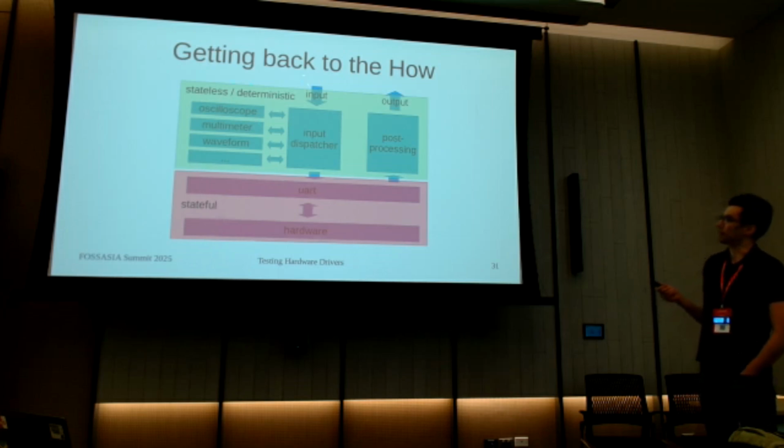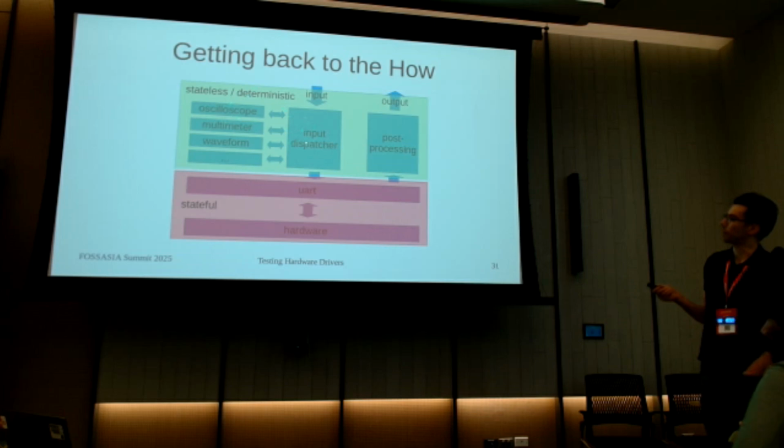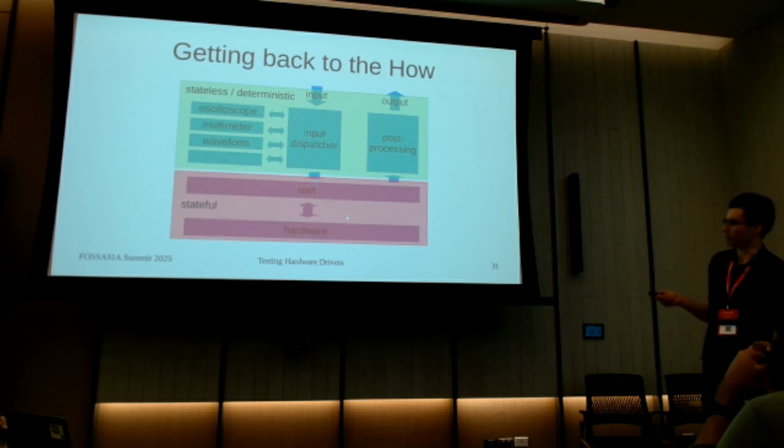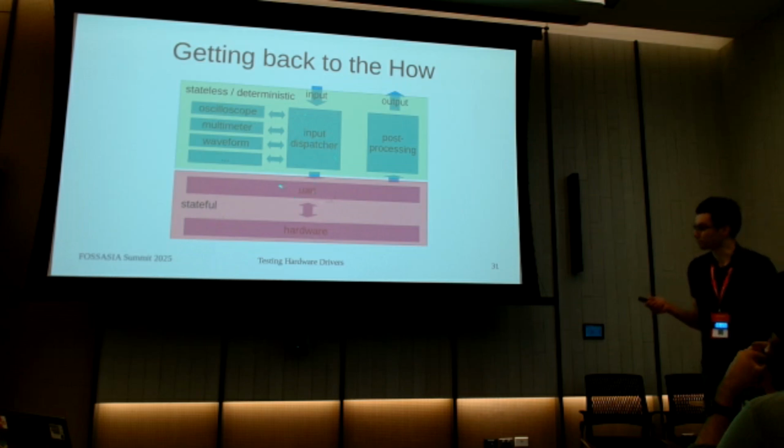Instead of the user calling the oscilloscope, that propagating all the way down to the hardware and all the way back up, you can use a dispatch model with loose coupling, which uses individual functions like this to pre-process the user input, turn that into something that you can send to the hardware via the UART driver.